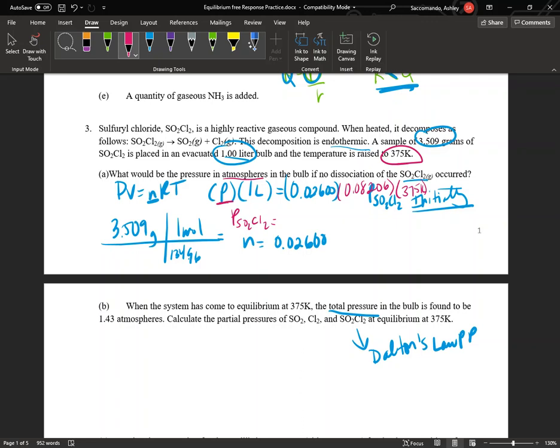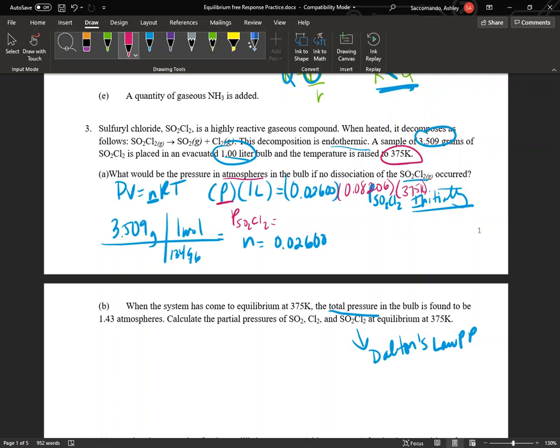So in some situations when it's asking for a partial pressure, pay attention to the fact that they give you the temperature, they give you the liters, they give you some way to find the moles. You either use the molarity equation, or here you're changing grams to moles. They're giving you the pieces of information that you need to put into the ideal gas law, or PV equals nRT. So let's calculate this.